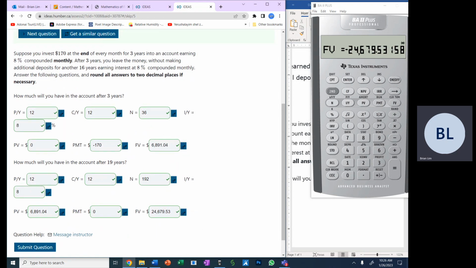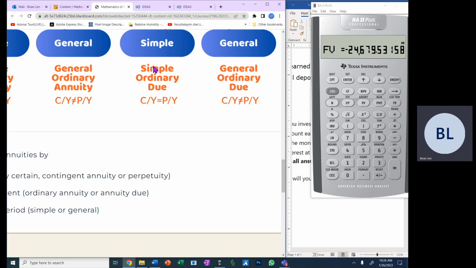All the answers are correct. So there is a question where you have an annuity in the first part. There you have a payment. That's what determines whether it is an annuity or not. It's periodic payments, like we saw before.